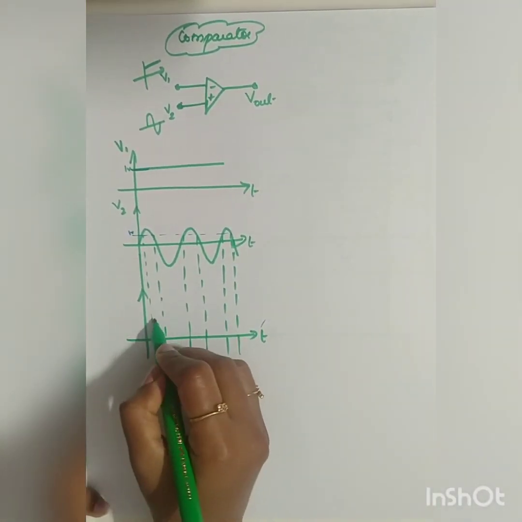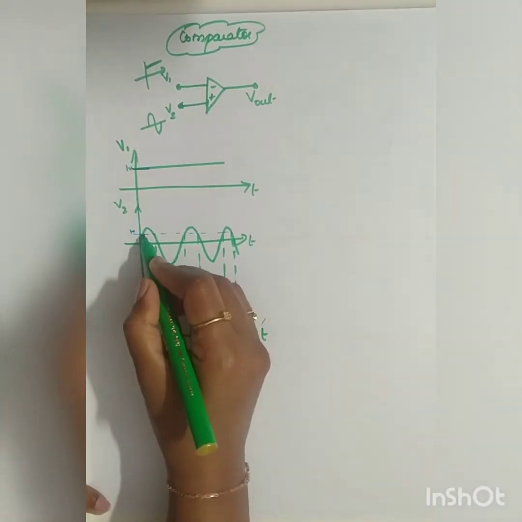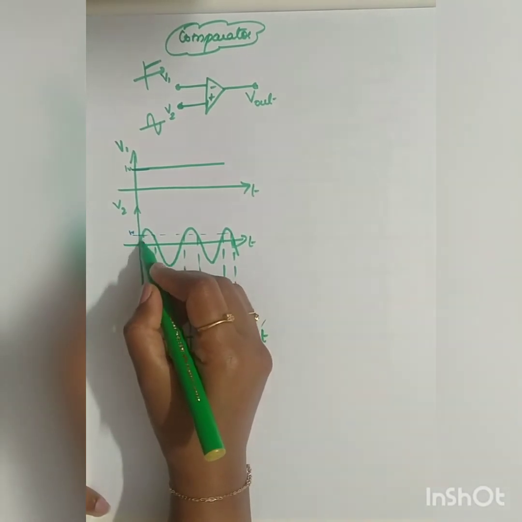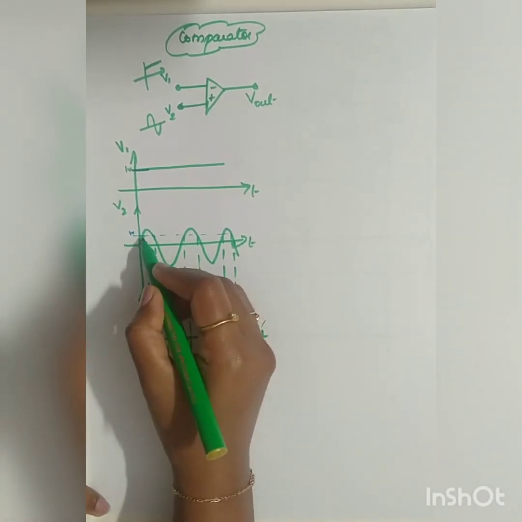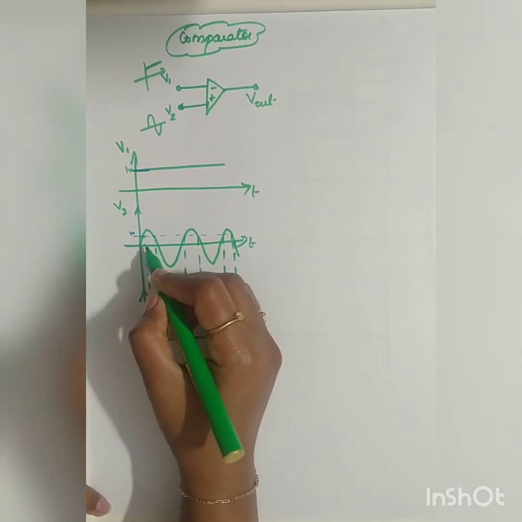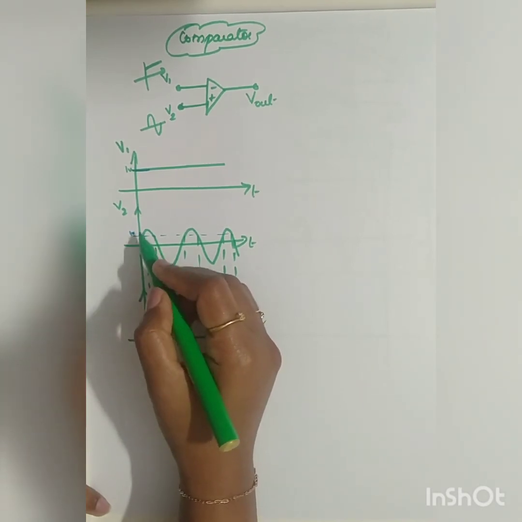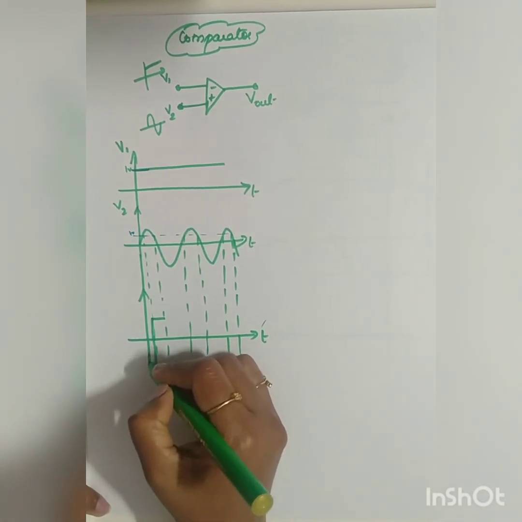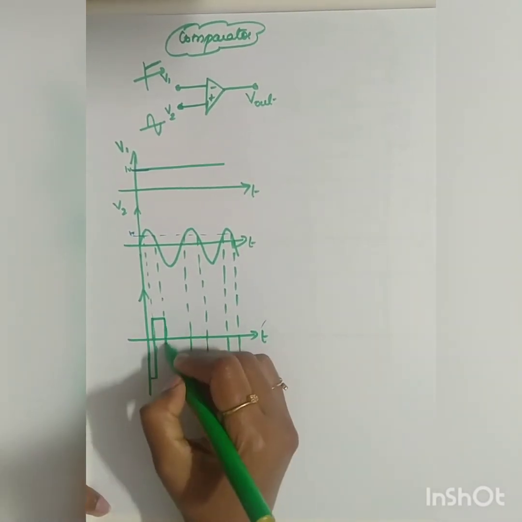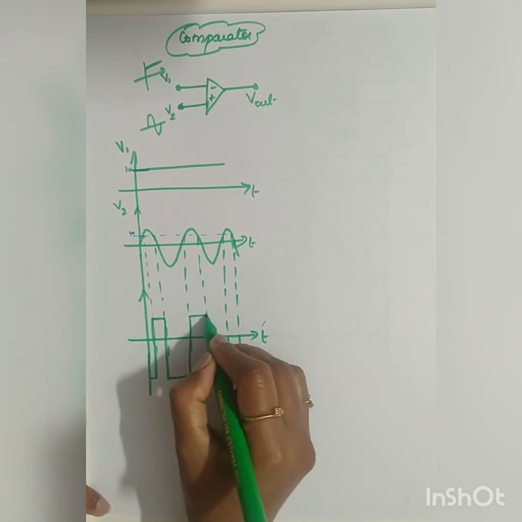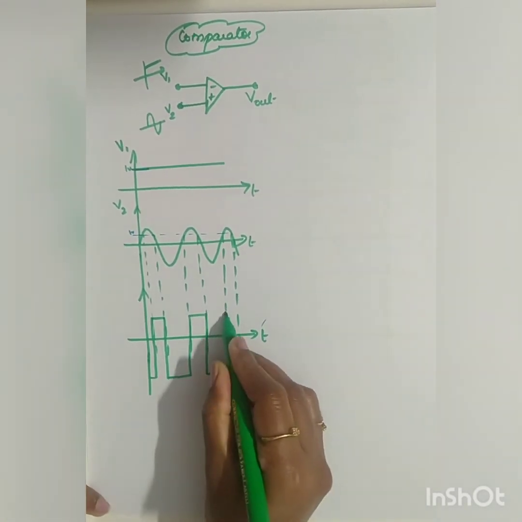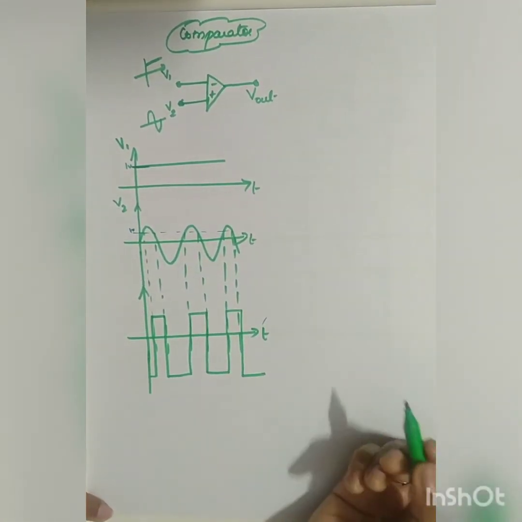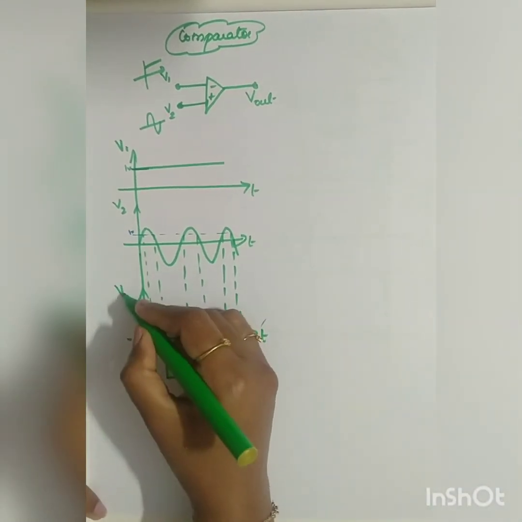In the remaining cases, you have your V1 greater than that of your V2, so you will be getting a negative signal. So this is how you will be getting your signal.